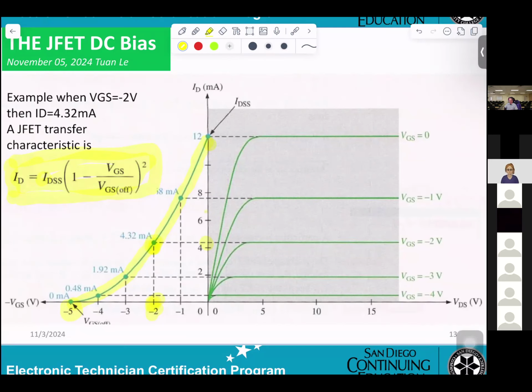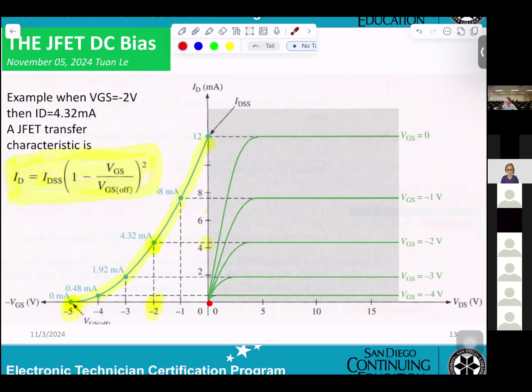And then the last thing, IDSS is 12 then, correct? All right, thank you. However, you can see the curve cuts the VGS axis right here, and at this point if you want ID, you go to the right, 0.